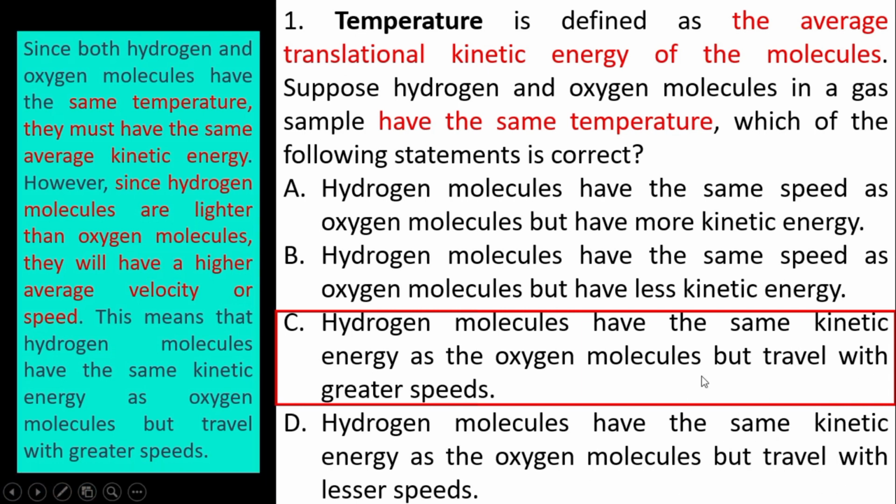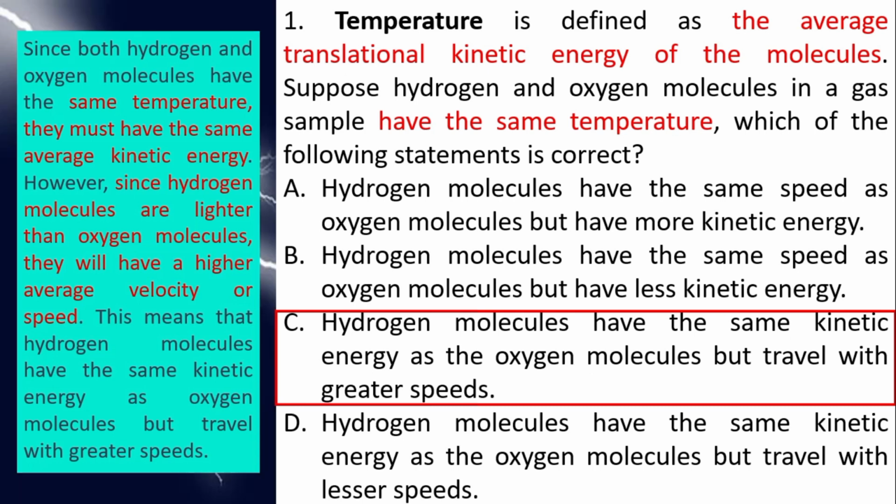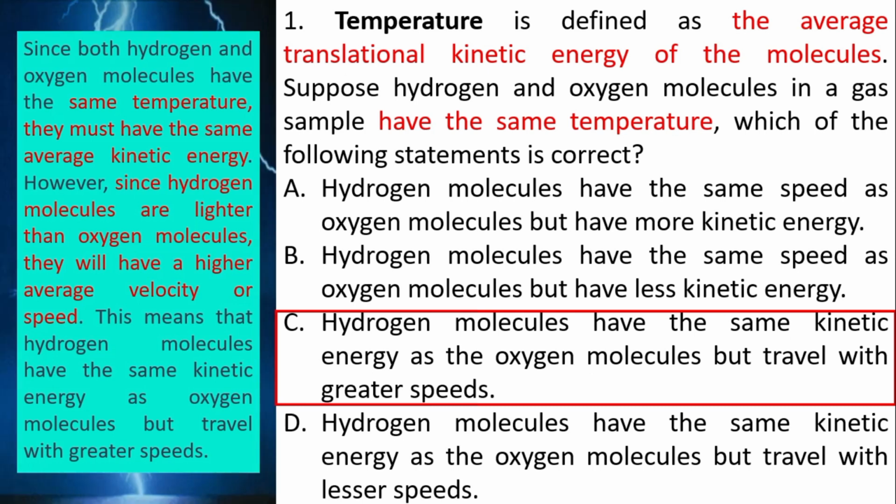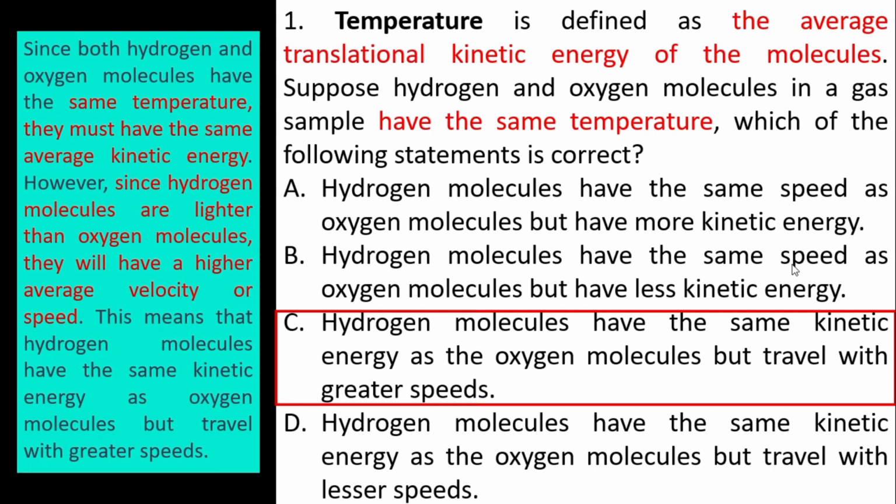So that means hydrogen, although parehas lang sila og kinetic energy with oxygen, travels at a greater speed because it is lighter compared to oxygen, which is heavier compared to hydrogen. By the way, this is best explained by the ideal gas law.